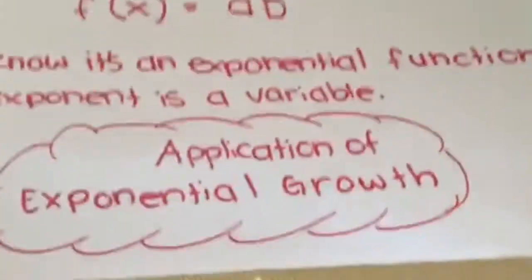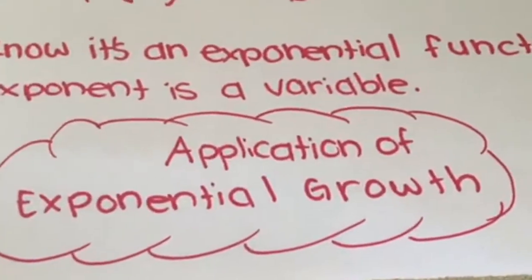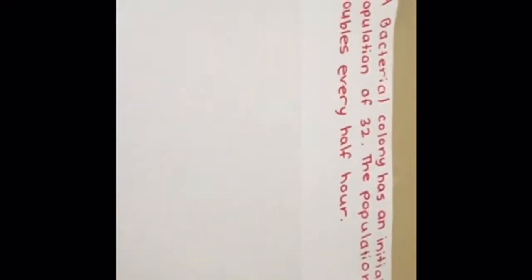So let's do our first application of exponential growth. The first question is, a bacterial colony has an initial population of 32. The population doubles every half hour. First off, we're going to write an equation that relates the population P to time T measured in 30-minute intervals.